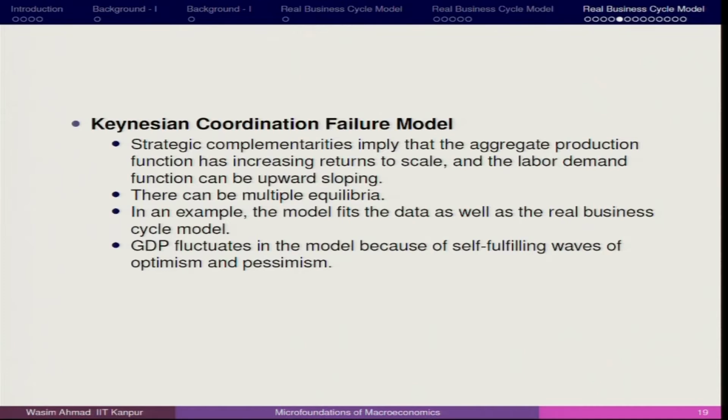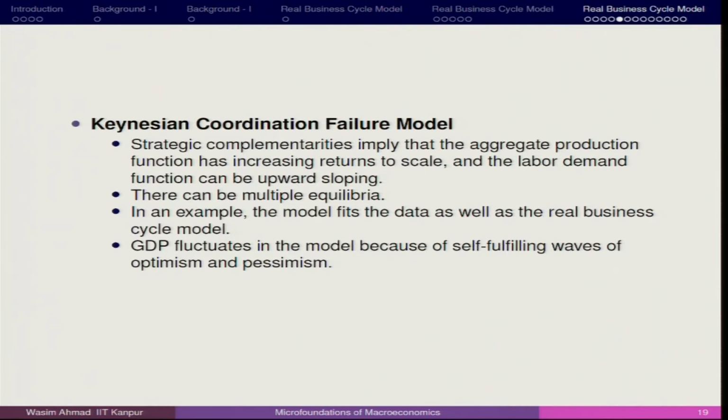And the Keynesians came up with evidence that whatever model they had assumed fits well with the data, and it also explained the real business cycle dynamics in a better way. So, here GDP fluctuates in the model because of the self-fulfilling webs of optimism and pessimism.